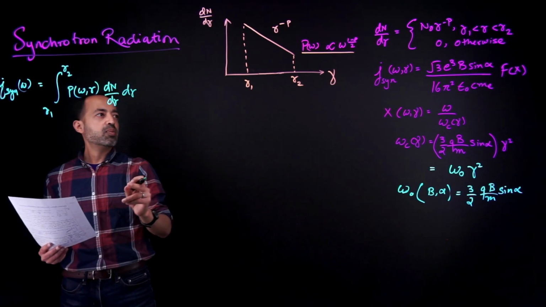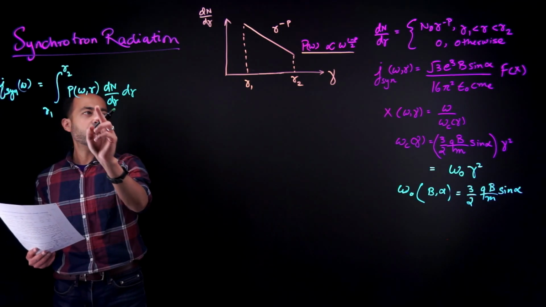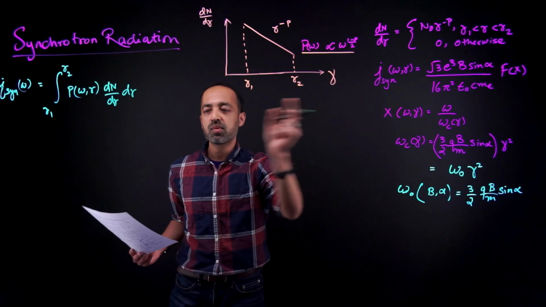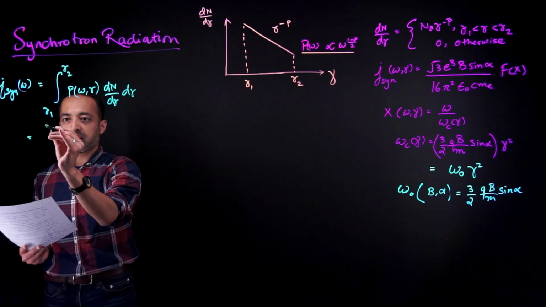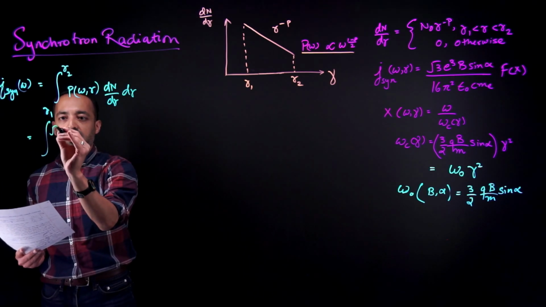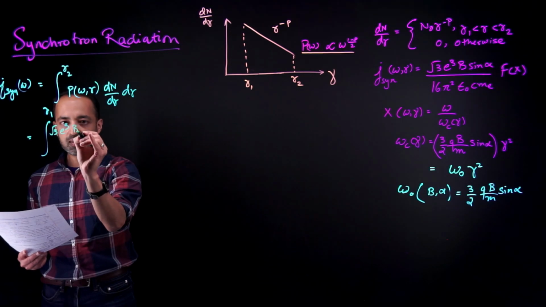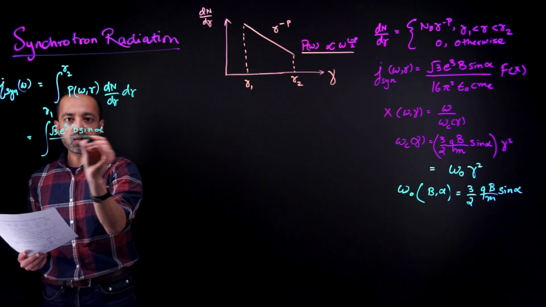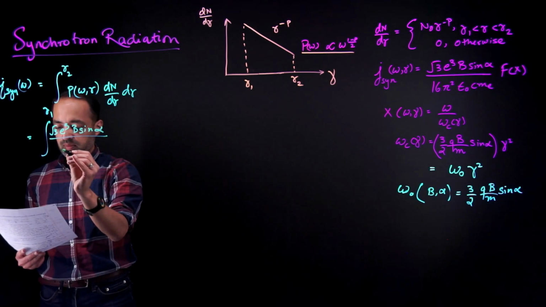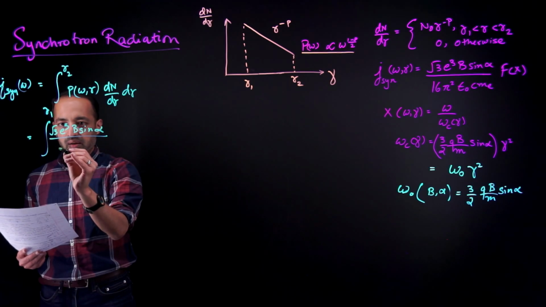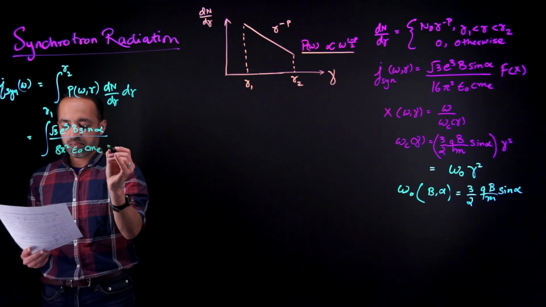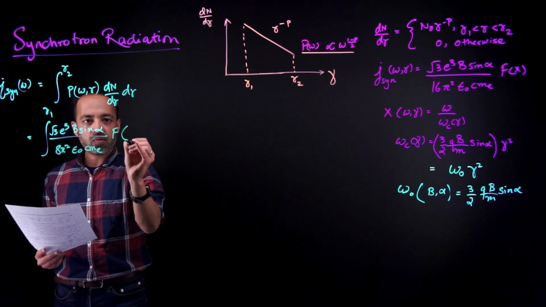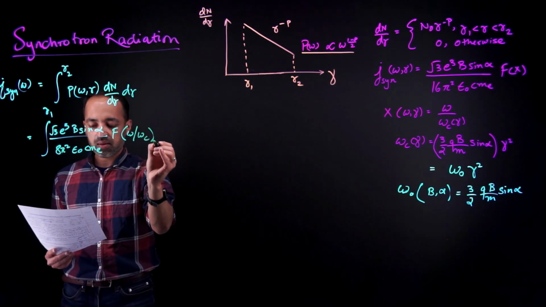So let's put in the expressions for this p of omega gamma, which is just that. I'm just calling it something else here. And so that is going to be root 3 e cubed b sine alpha over 8 pi squared epsilon naught c m e f of omega over omega c.